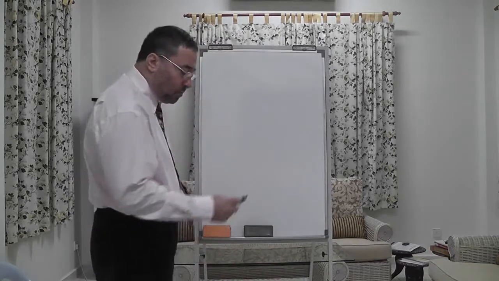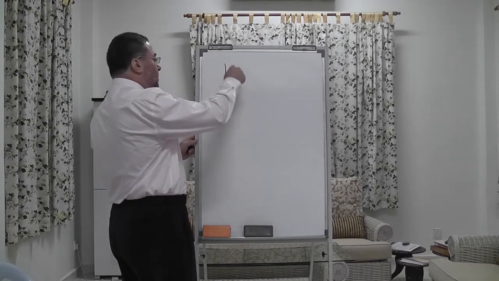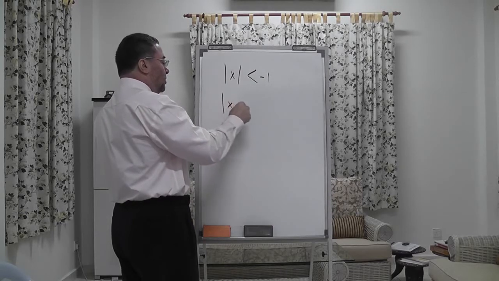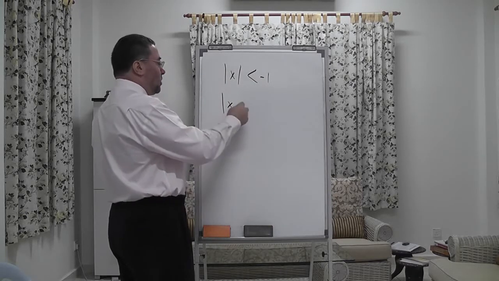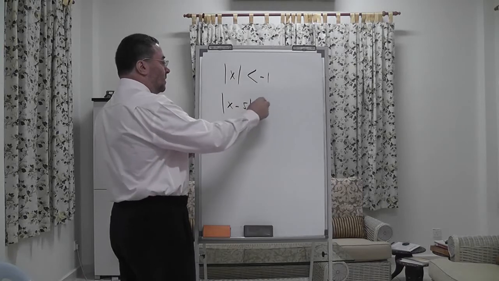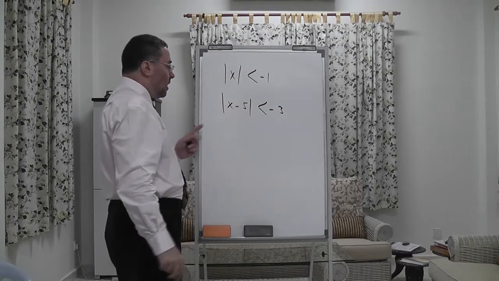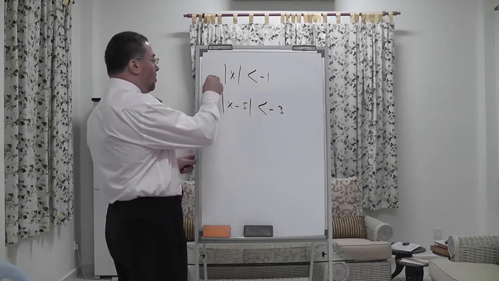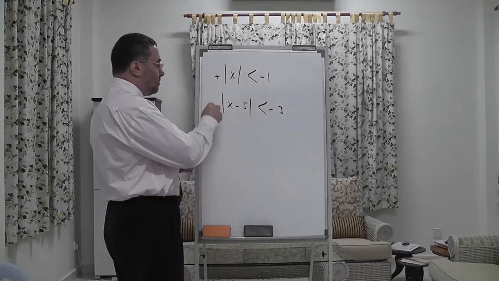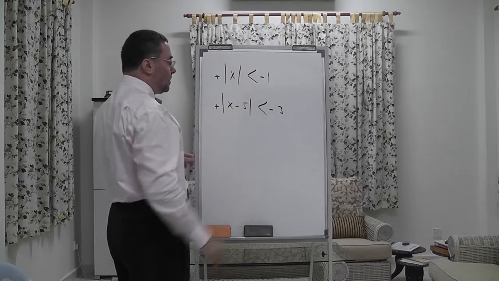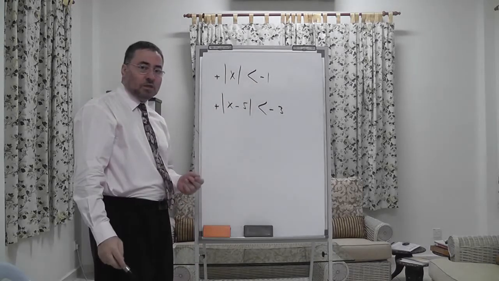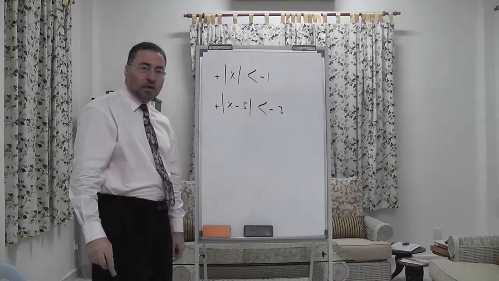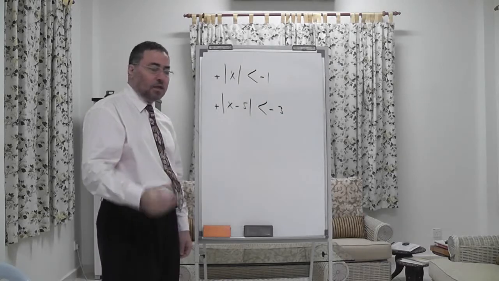For example, if we have something like this, or any other absolute, for example, absolute x minus 5 less than minus 3, if we reach at the end of the exercise to a stage like this, where we have a positive absolute, and it's less than a negative number, then that's an impossible situation, because whatever is inside the absolute cannot be a negative number, and so it cannot be less than a negative number.